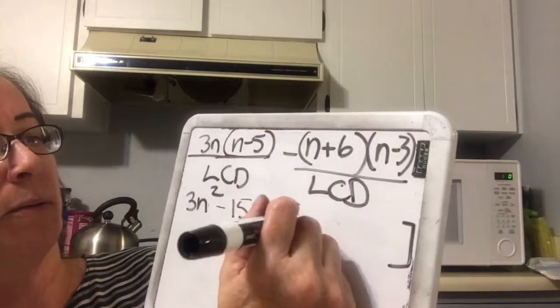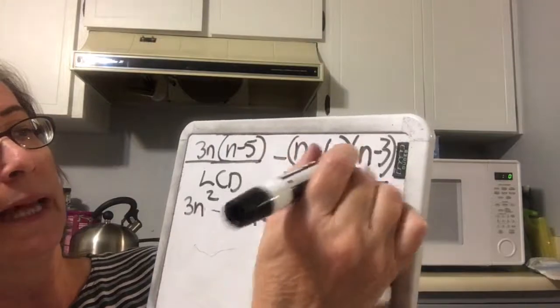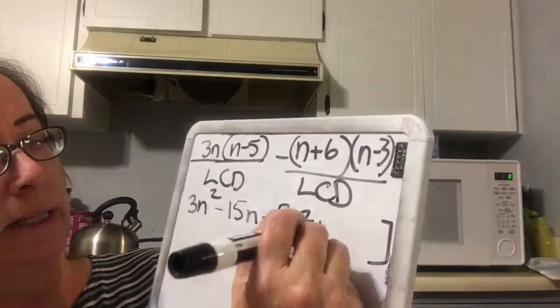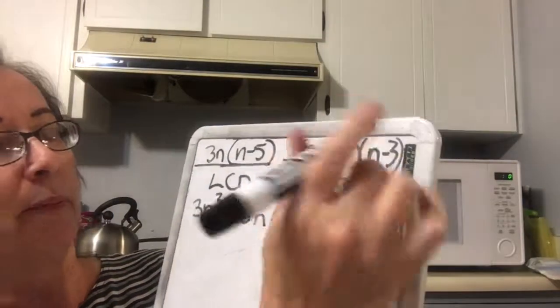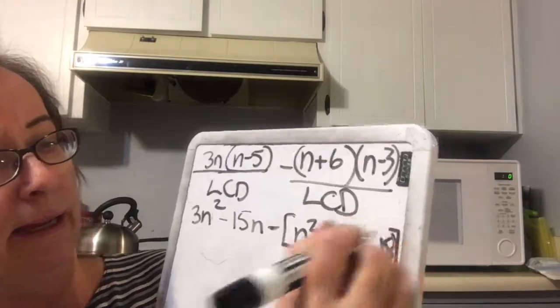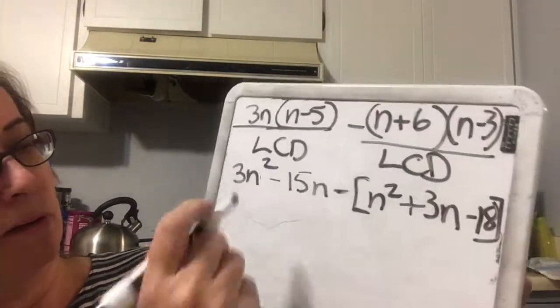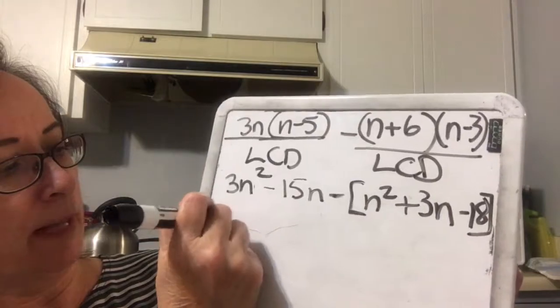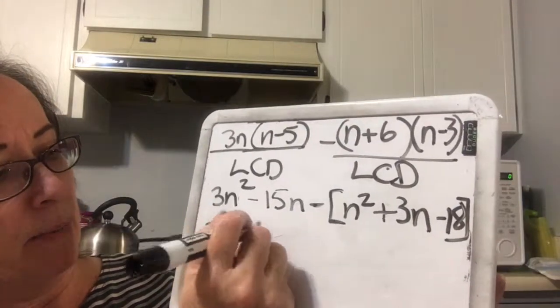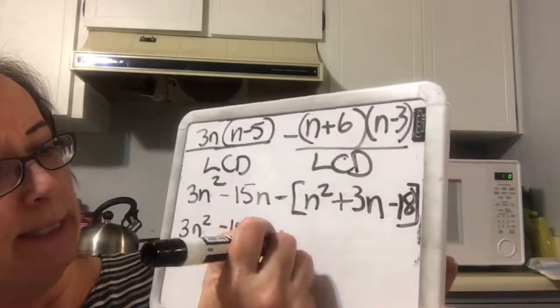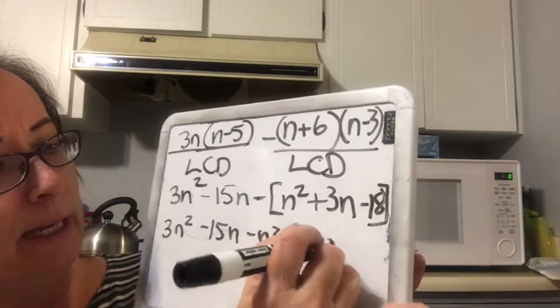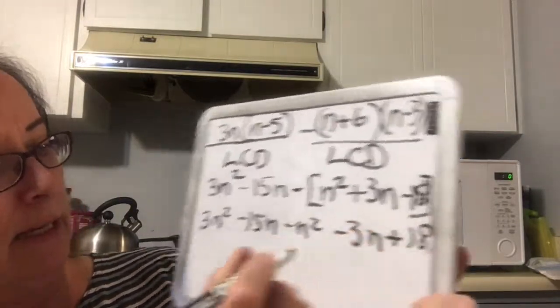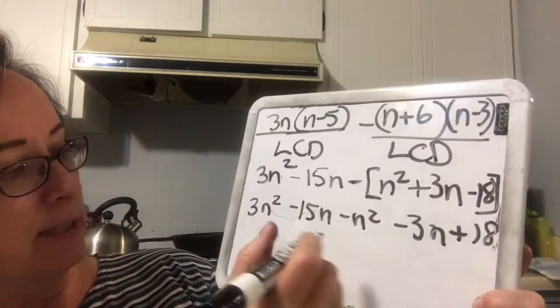So it's going to be n squared plus 6n minus 3n, which is plus 3n, minus 18. And now when I distribute that through, I'll have 3n squared minus 15n minus n squared minus 3n plus 18. And all of that's over the LCD.